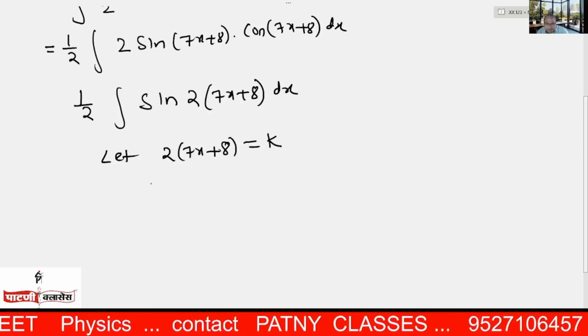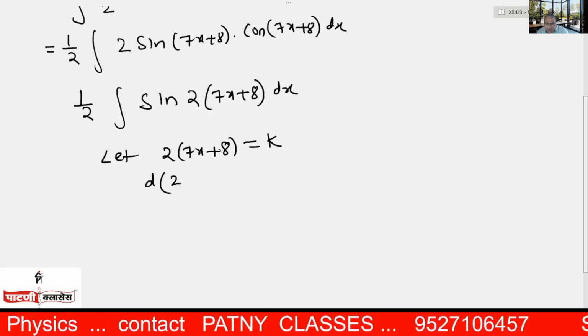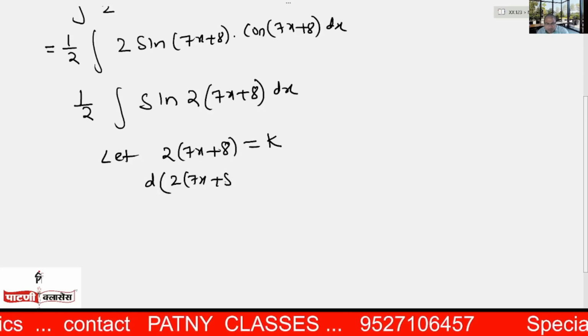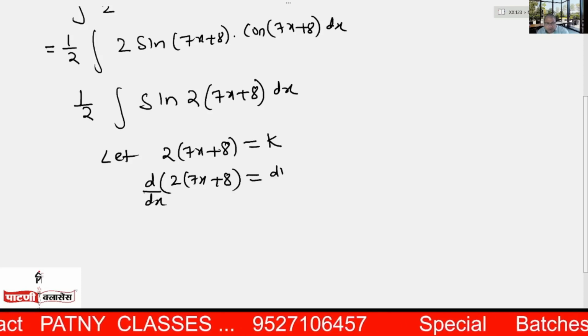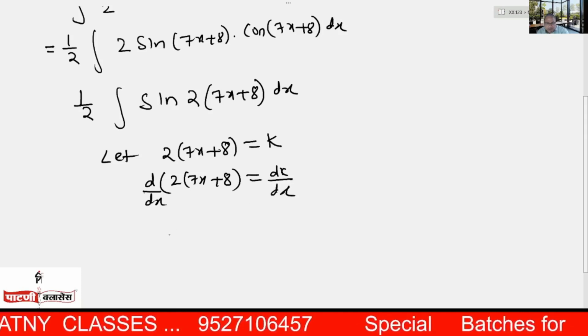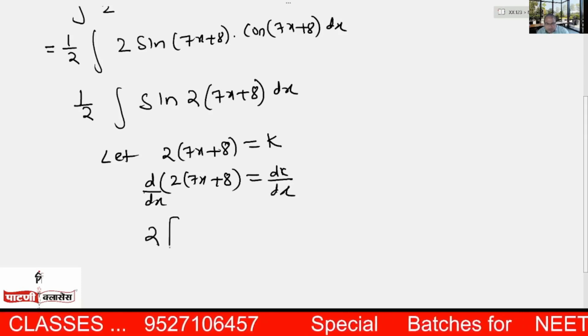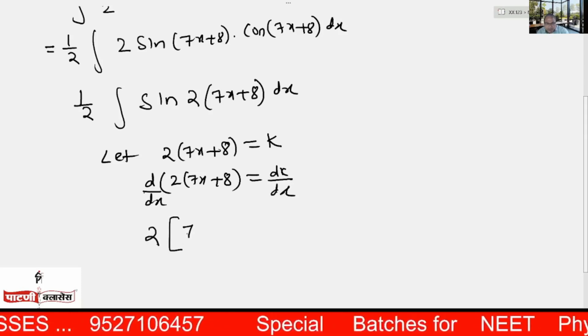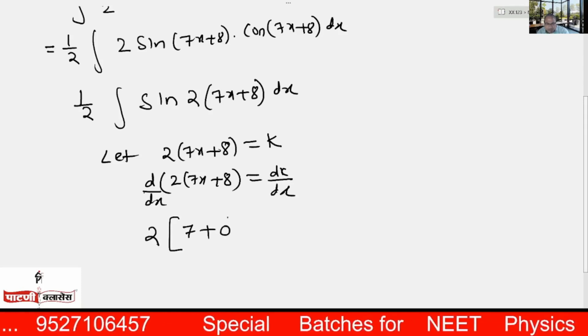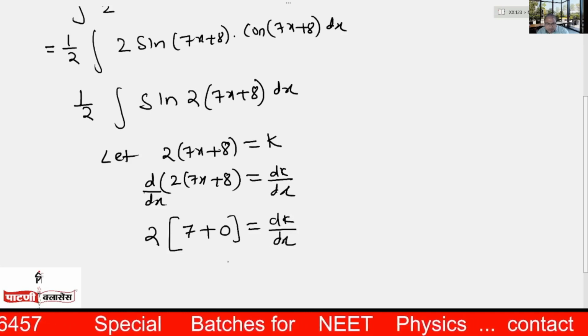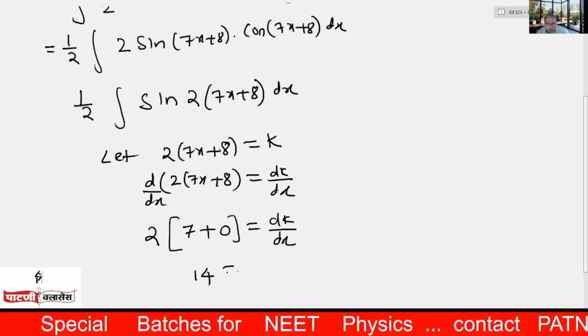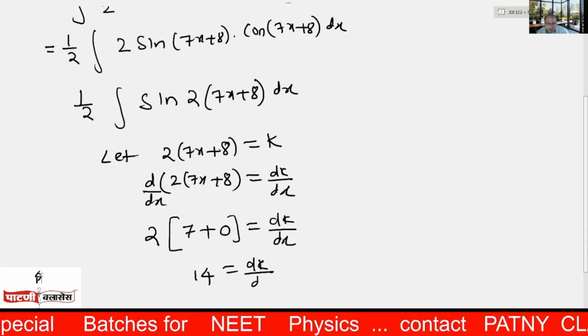Let 2 times 7x plus 8 equal k. Again, whenever we put k here, we differentiate both sides with respect to x, because the given variable is x. So 2 is a multiplier, the derivative of 7x is 7, and 0, equals dk by dx. So I get 14 equals dk by dx.